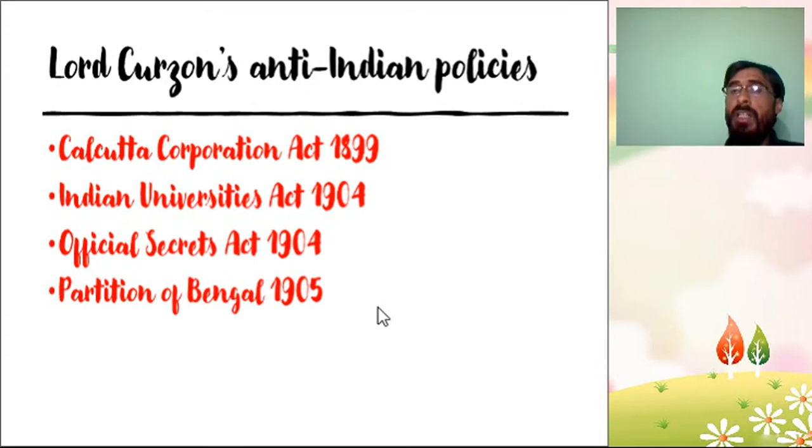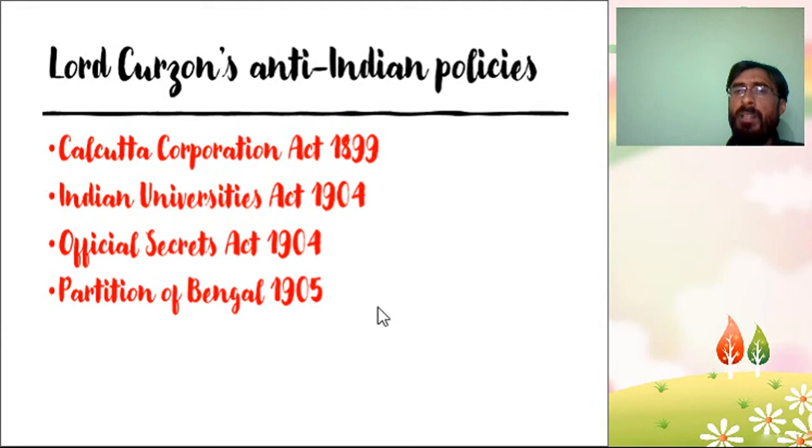He believed in centralization and tried to centralize all the institutions. He believed that such measures would strengthen the British rule, but instead of strengthening the British rule, this strengthened the Indian national movement. In 1899, he introduced Calcutta Corporation Act.